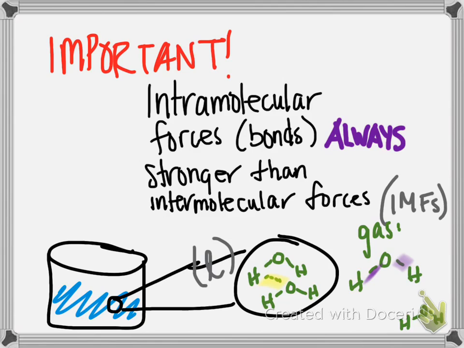You'll notice that what I highlighted in purple, those are the bonds. Those intramolecular forces are still intact. It's just that area that I circled in gray where there are no more intermolecular forces, because they've been broken to make a gas. So bonds are always stronger than IMFs.